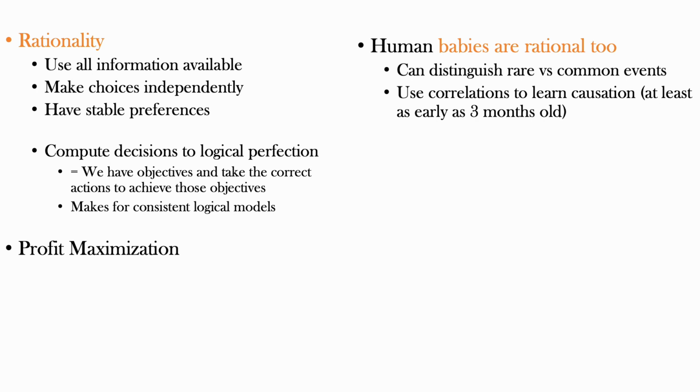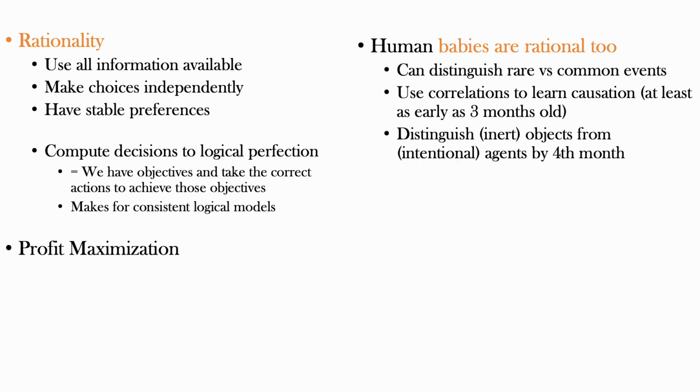They can distinguish inert objects from intentional agents, that is, objects from individuals and animals, by the 4th month of their existence, and can categorize information and even allocate attention within 30 minutes of being born, actually.